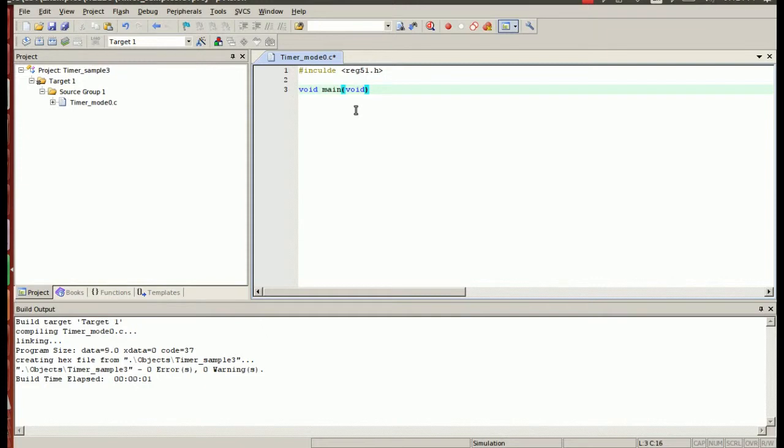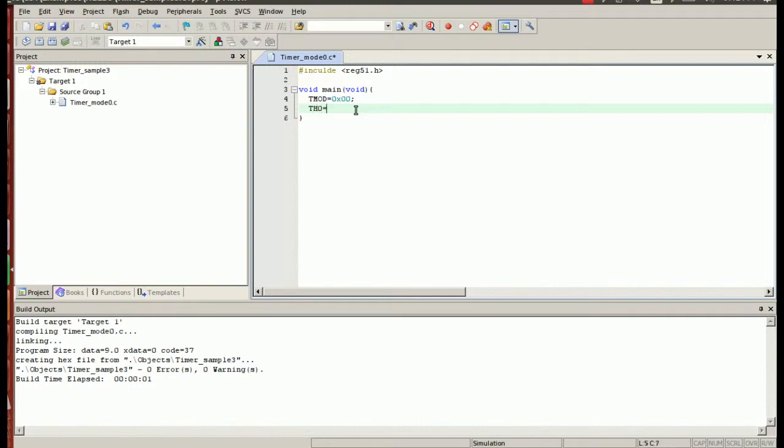It is always a good practice to open a flower bracket and close it as soon as you have opened it. Now inside this program, we will set TMOD to 0x00. We'll use timer 0 in mode 0. So TMOD is equal to 0x00.